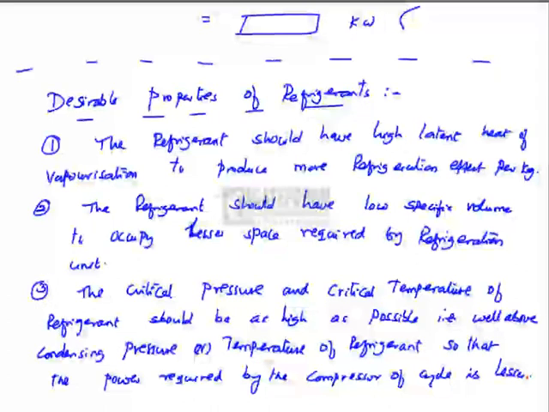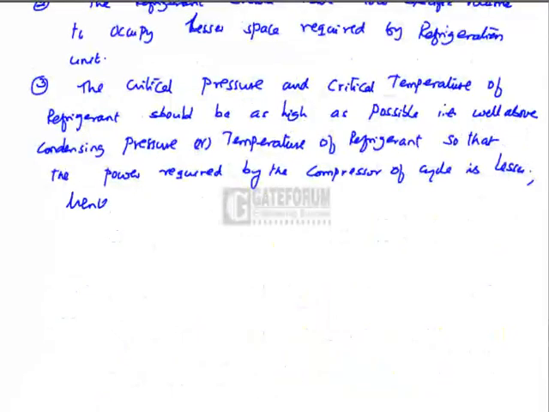If the critical pressure of the refrigerant is very high, well above the condensing pressure, the power required by the compressor will be lesser, and hence COP may be more. So if power or COP is the criterion, we should always choose a refrigerant which has very high critical pressure and critical temperature.